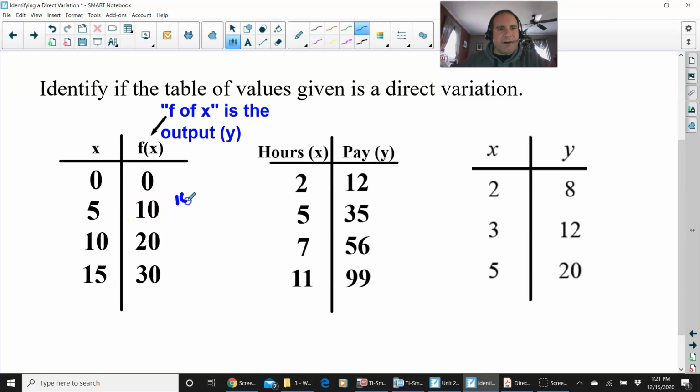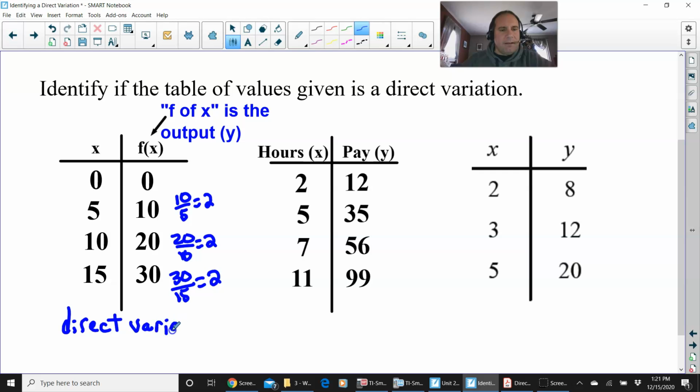What is 10 divided by 5? That's 2. What's 20 divided by 10? That's 2. 30 divided by 15? That's 2. This is a direct variation. The constant remains the same.